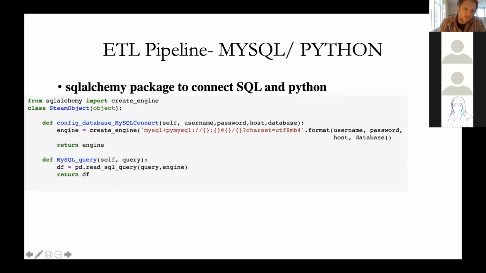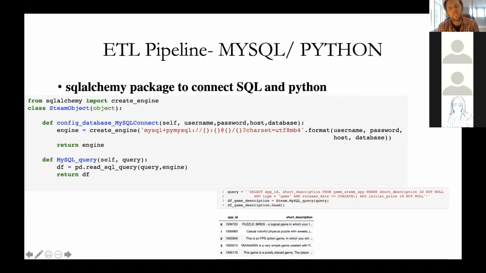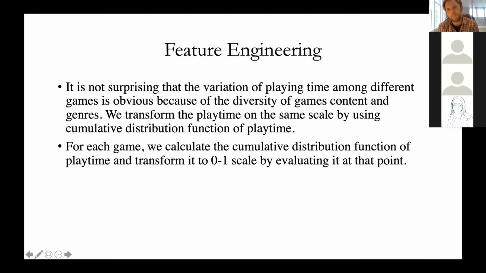I can use queries to get the data I want, like how we do in MySQL. Here, I query the data in Python and get it from MySQL. So it's basically the ETL pipeline: I extract data from one source and transform it to load into another. Now we have the data we need.